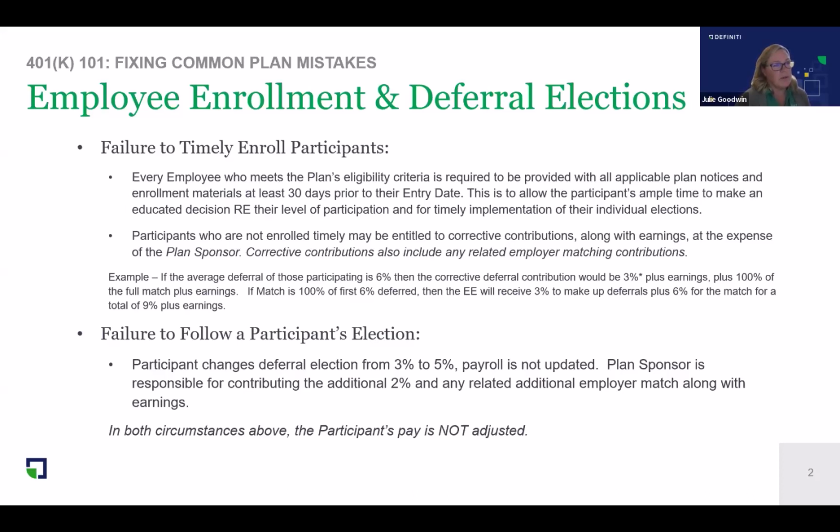So it's always important that you provide all of the information and that they do enroll so that if they do get a contribution from the employer, their account is properly set up. Participants who are not enrolled timely may be entitled to corrective contributions along with earnings, and this comes at the expense of the plan sponsor. Now, I will tell you right away, the most important thing is going to be based on facts and circumstances in every instance.